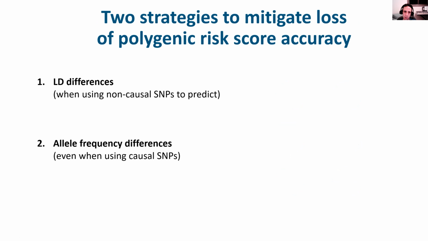So what can we do about the LD-based problem? It's very straightforward in principle. We just need to use the causal SNPs instead of the non-causal SNPs to predict, right? Because then we wouldn't have this problem to begin with. And this is very intimately related to fine mapping, which Gao just described. So we're going to exploit this relationship.